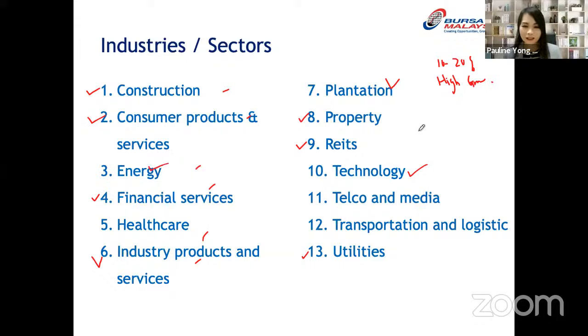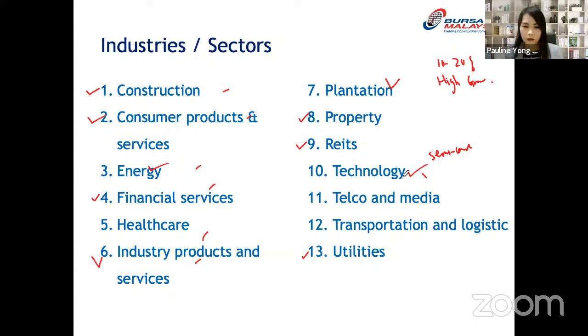Then technology, you have to be careful, because in technology there are so many different industries. The one that I mentioned is semiconductor. Semiconductor, you have to be careful with this one, because it is very cyclical.